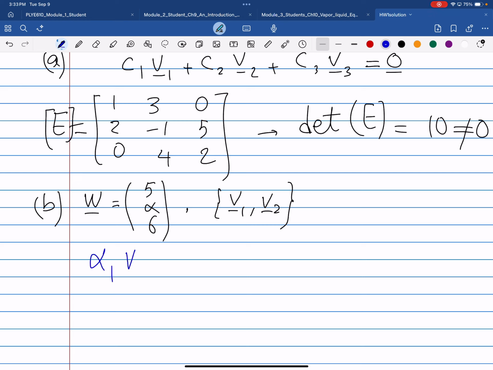Let's say I'm not going to use alpha, let's say C1 V1 plus C2 V2 is going to give me W. That's the meaning of the linear dependence. Vector W is linearly dependent on V1 and V2, and C1 and C2 are just numbers.